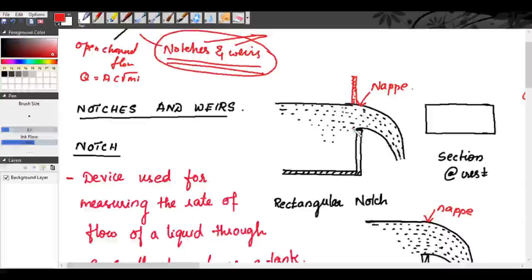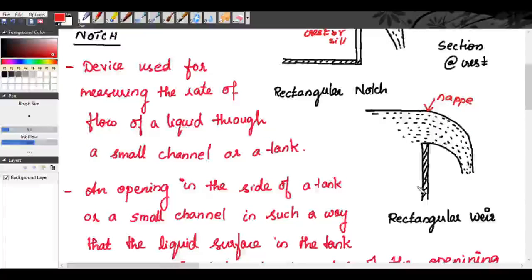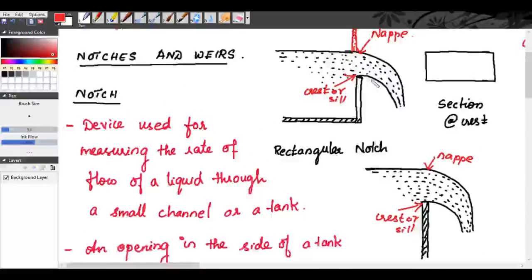This is the bottom part of the notch. You will call it the crest or sill. Here, this is a weir. So the top of the weir is called the crest or sill.